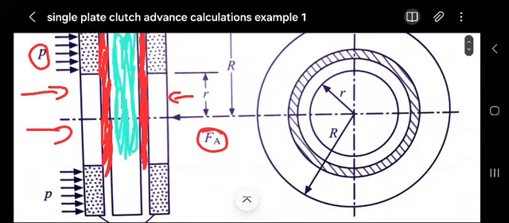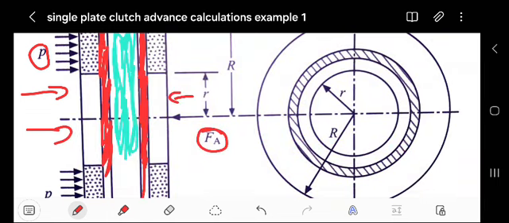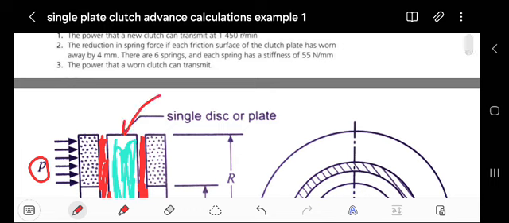We're focusing on our plate here. How many contacts will the plate experience? It will experience 1, 2 contacts. It will be squeezed here, with force like that.